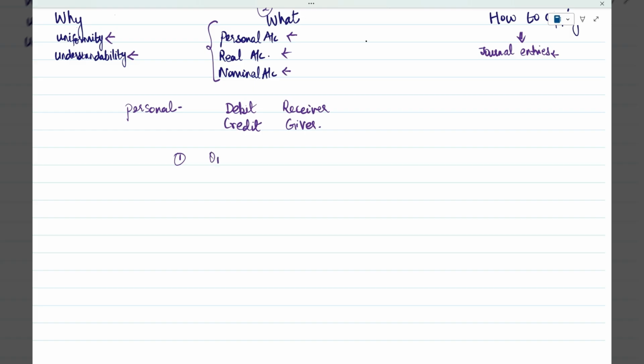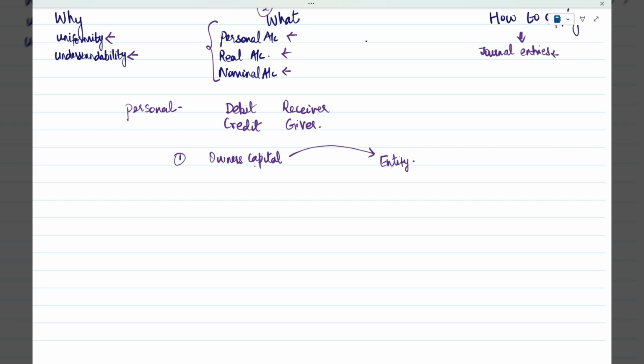Say, for example, owner's capital. In all your basic problems, owner contributed capital would be the first transaction, right? So the owner's capital is a personal account. The owner itself is a personal account. So what happens when the owner contributes capital to the entity? As we know, from the business entity concept, the entity is different from the owner.